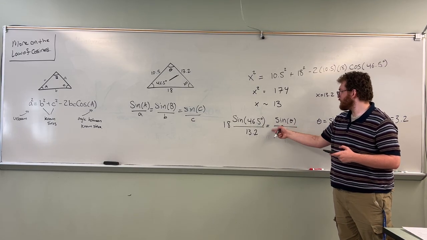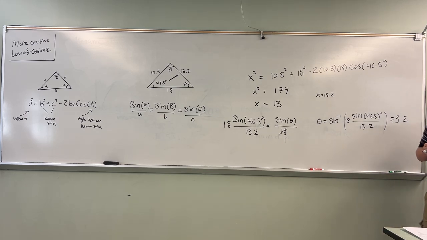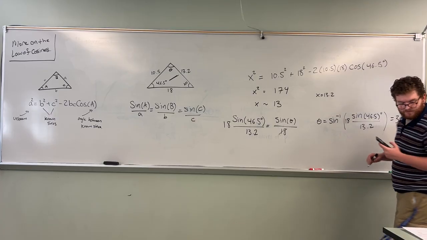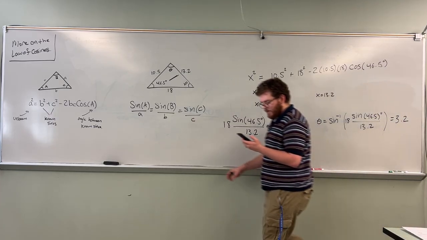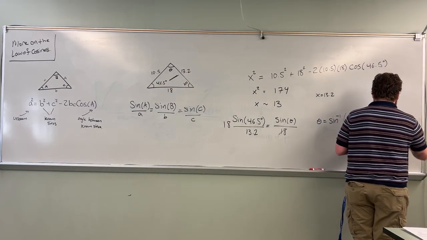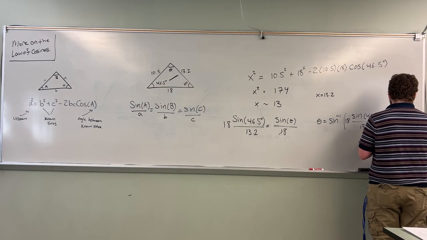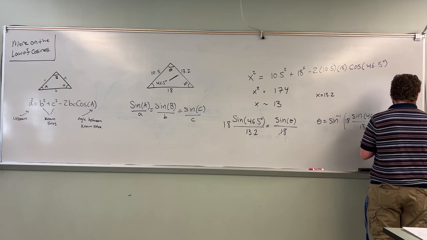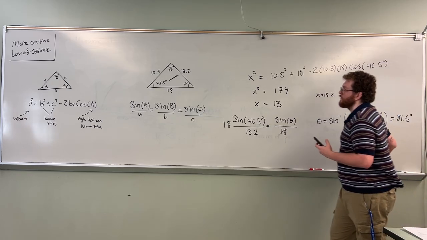Cross off that 18, take the inverse sine. So let me try that again. 18 sine 46.5 divided by 13.2. That makes a lot more sense. I get 81.6 degrees.